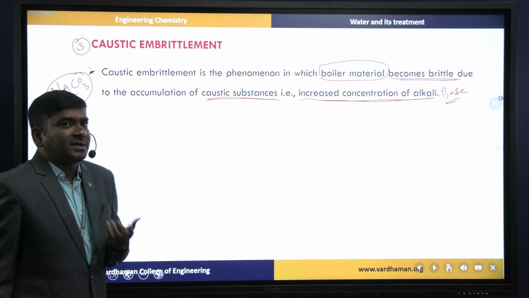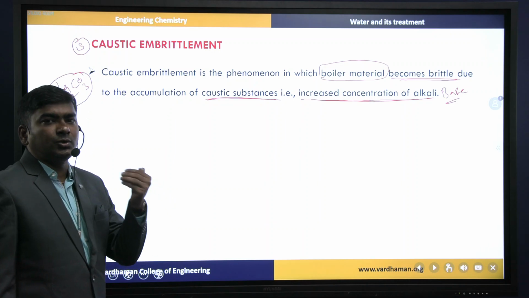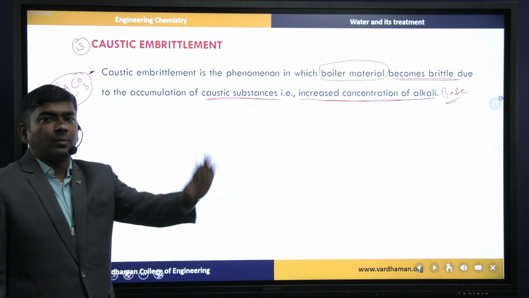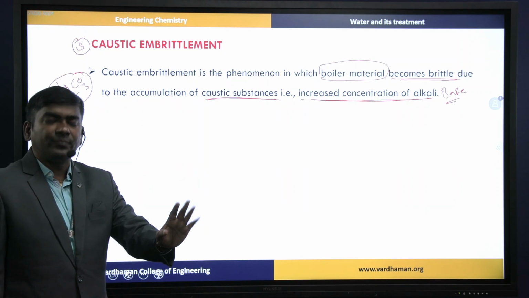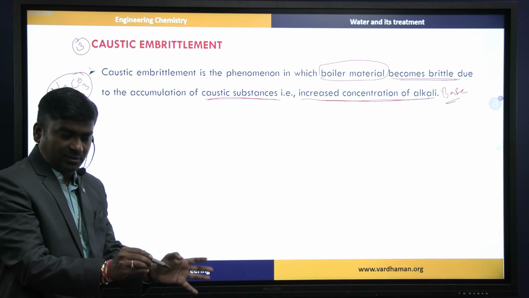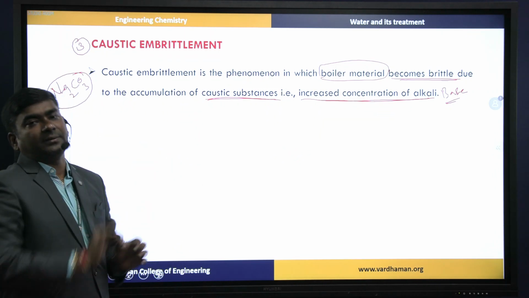So in the internal treatment method, the basic principle is first you supply water to the boiler, then add some chemicals. These chemicals will react with the dissolved salts and soften that water, right?